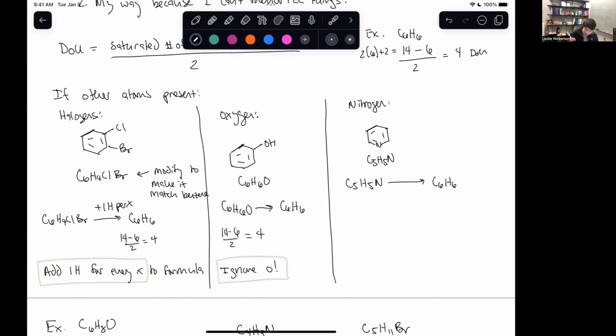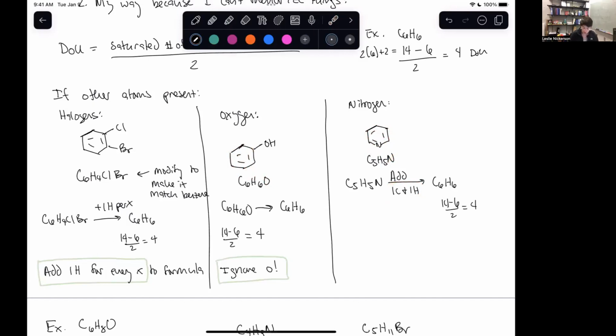So to do that, I need to add 1 C and 1 H, right? So essentially what we're looking at here is that this nitrogen is taking the place of a carbon and a hydrogen. So we're going to take away the nitrogen and we're going to add 1 carbon and 1 hydrogen so that we can again do our 14 minus 6 divided by 2 equals 4.